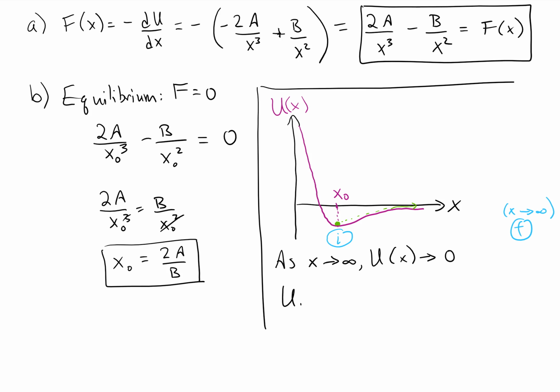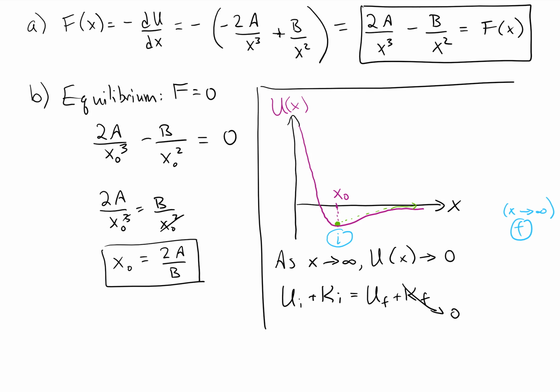And so we can say U initial plus K initial has to equal U final. And if we had some kinetic energy in the final situation, we'd add in K final there. But let's say if we want the minimum amount of energy we would need to get out of this potential well, then we want the case where this K final equals 0.